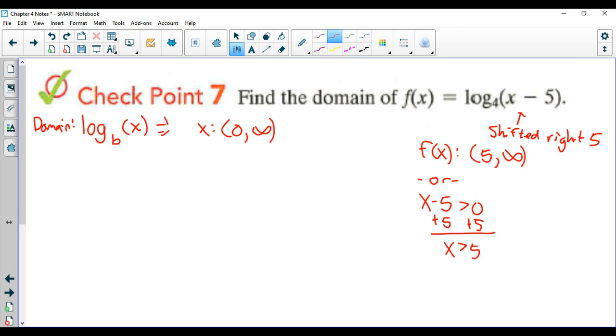So it's up to you on how you'd like to do it. Whatever makes more sense to you. But either way, this is going to be our answer for the domain. And our range would always be all real numbers.